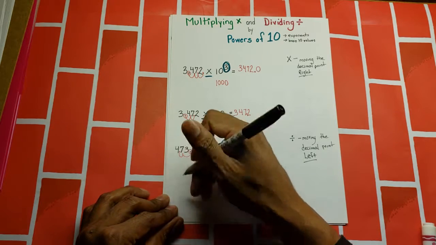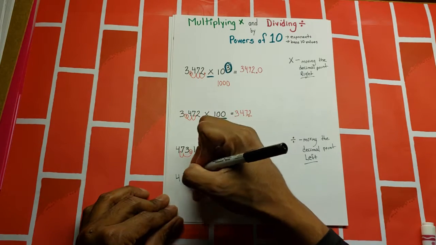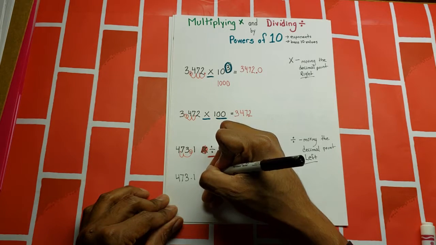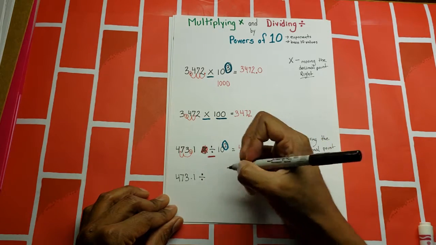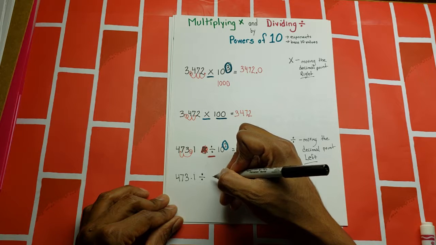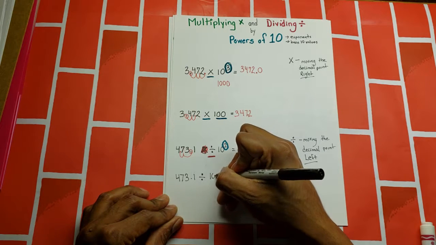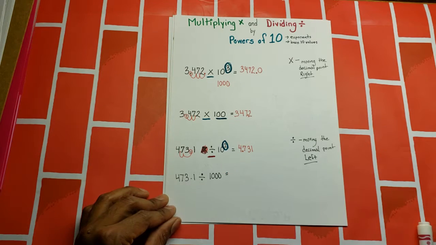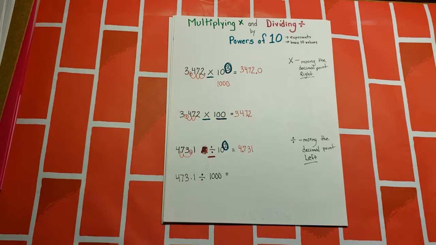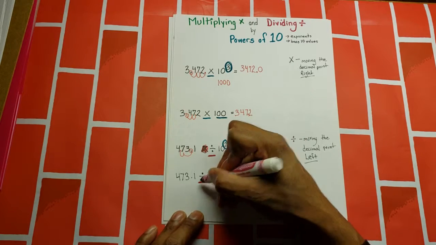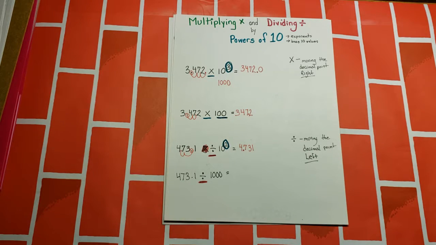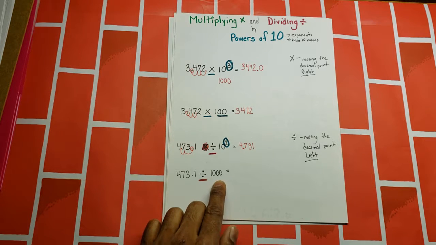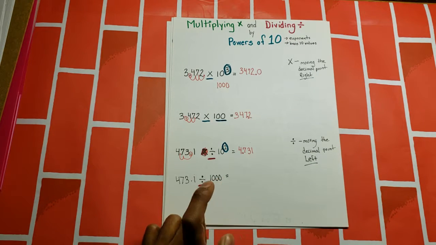Let's keep the same numbers. 473 and 1/10 divided by, let's say, 1,000 equals. I'm identifying my operation, which is division. I'm looking at my powers of 10 value. It's in standard notation.